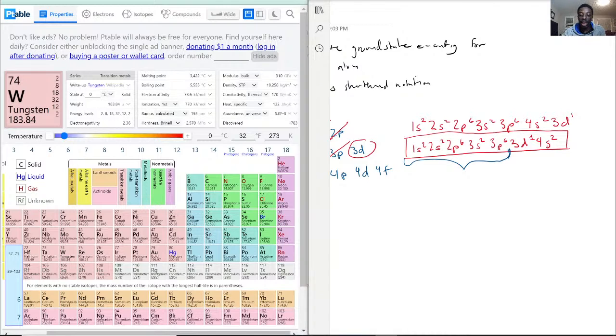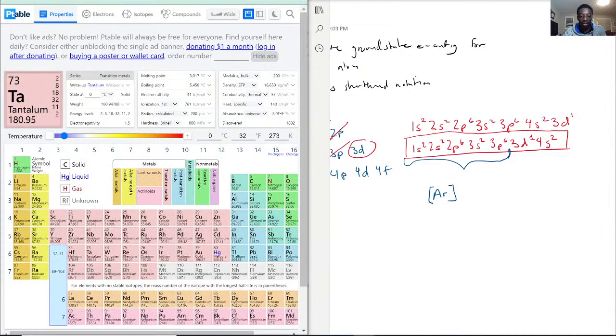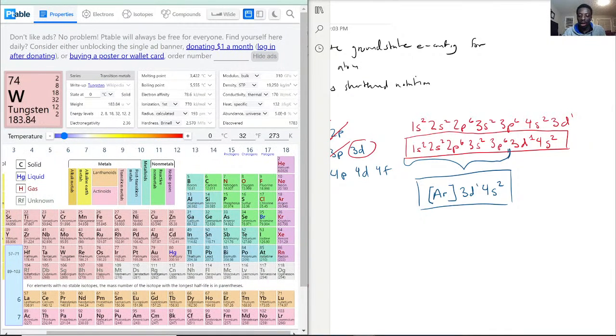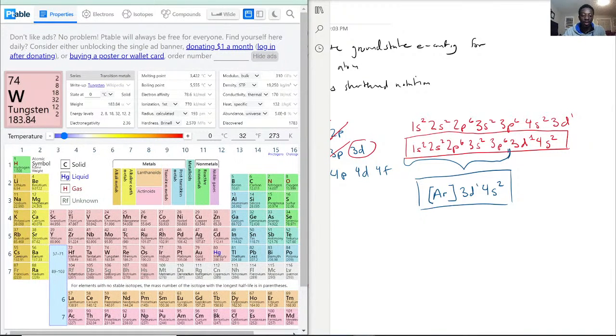So the most recent gas is argon. So we would write it like this, okay? And then we would go back to counting as normal, and we saw that there was a 3d1 and 4s2. This right here would be our noble gas shorthand for scandium, because you see argon, that's where we were, and then we fill in the rest.